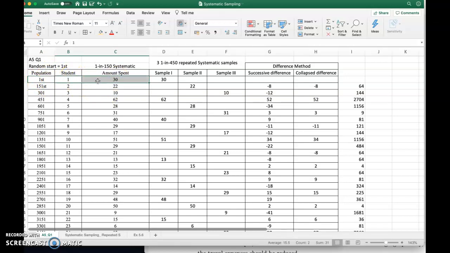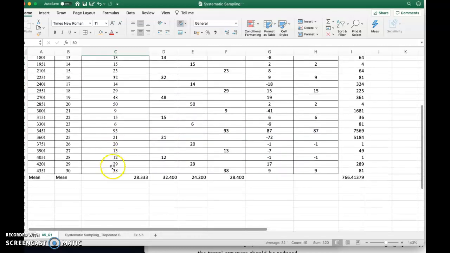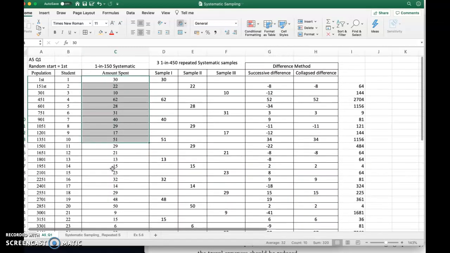And then the second student in the sample would be the 151st student from the list of the population, etc. At the end of the day, I would have chosen 30 students. Each of them would be 150 apart from each other, and this is chosen systematically. So this is how I choose one systematic sample.